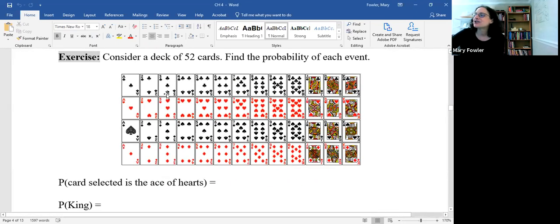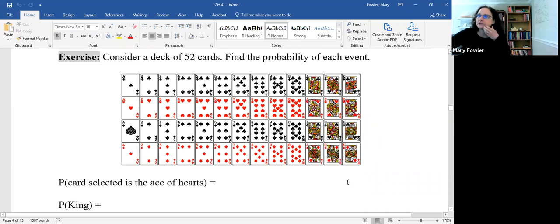So what we want to do is think of if we had a set of cards and shuffled the cards, then we could randomly choose a card, and we would like to determine the probability of certain events. There are 13 cards in each suit, and there are 4 suits. So 13 times 4 is 52.